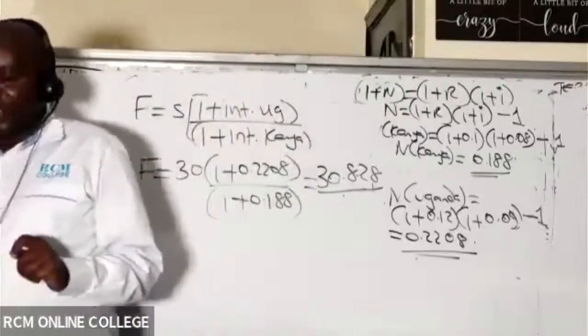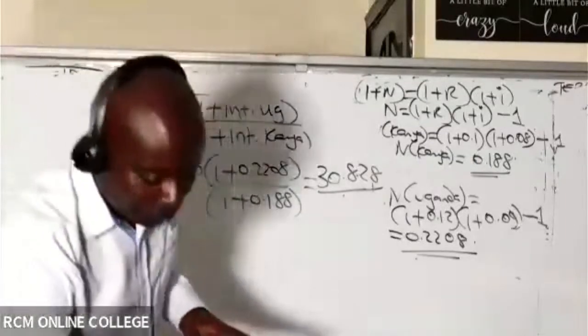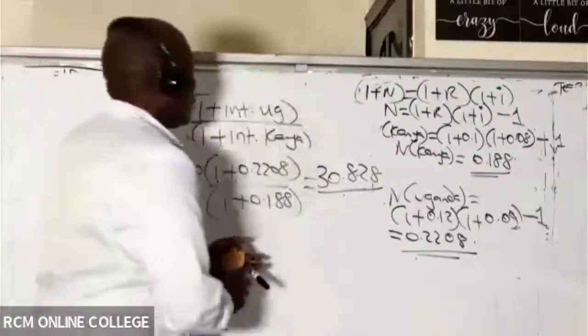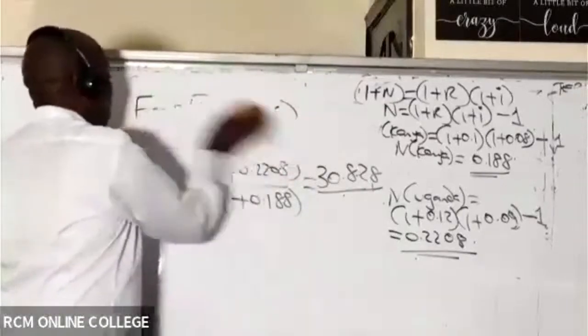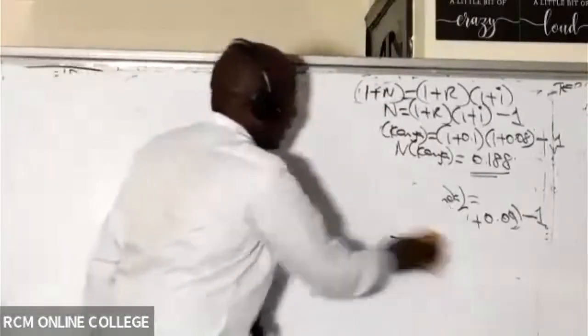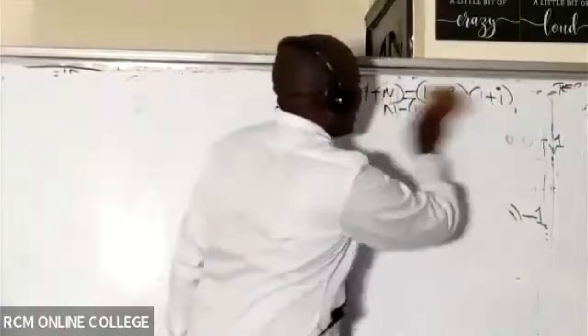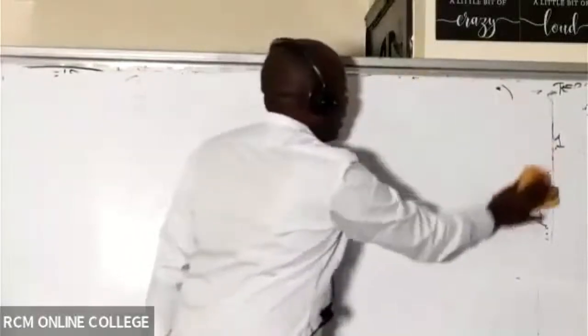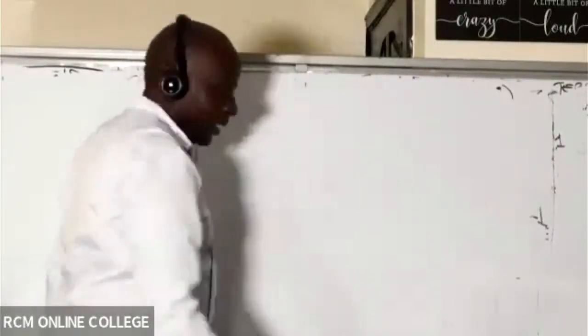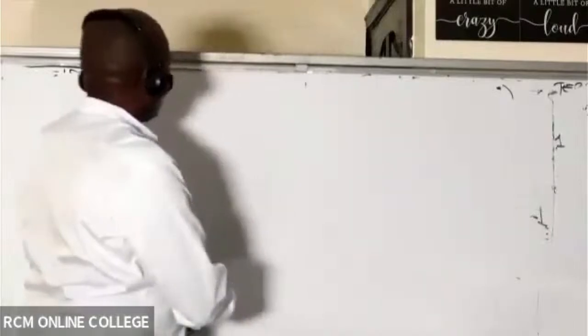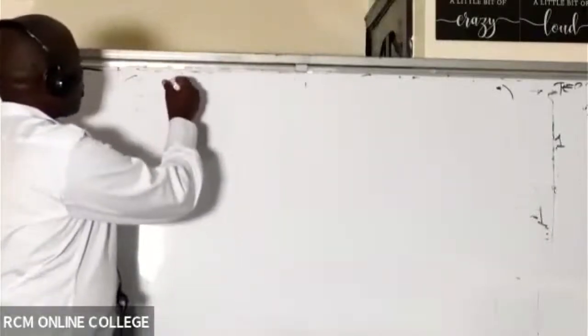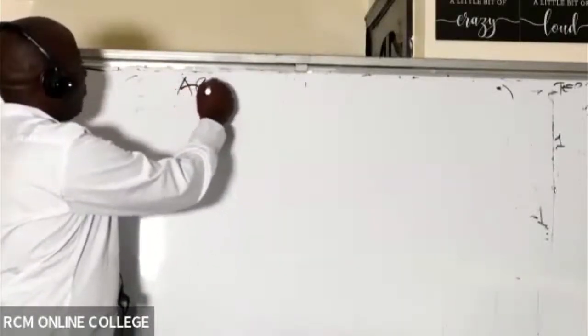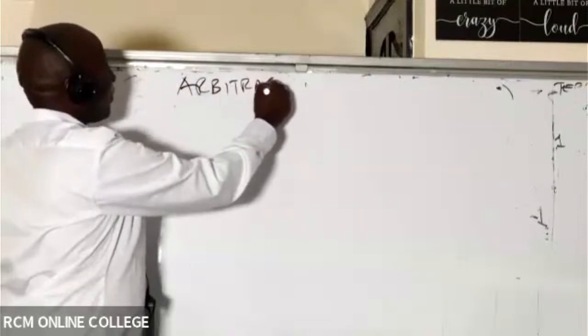All right. So the last thing for today, and today we should be able to finish our class quite early because I know it's Friday and most of you are thinking of other things. So I want us to go straight away to what we call arbitrage profits.